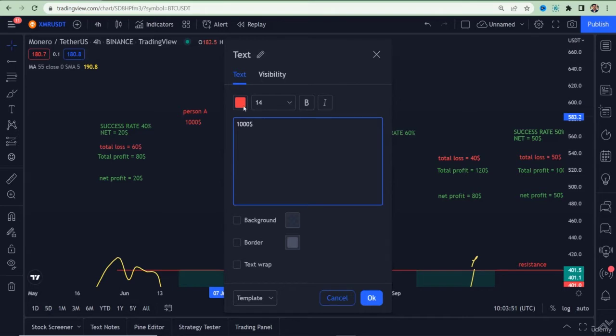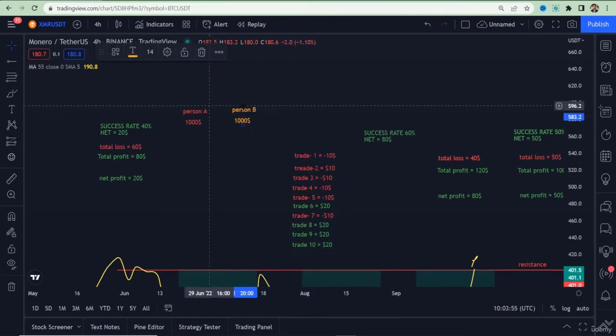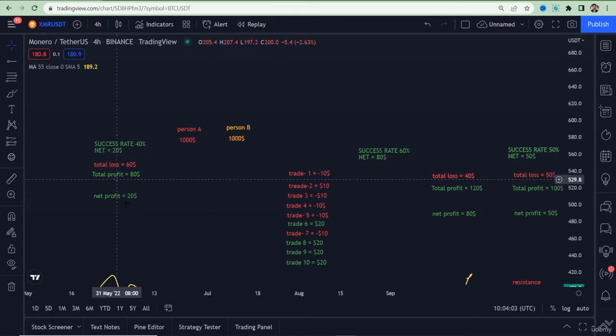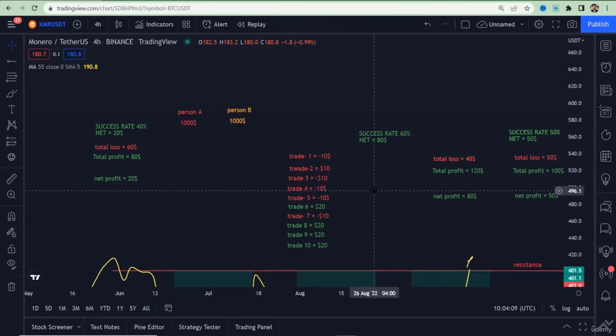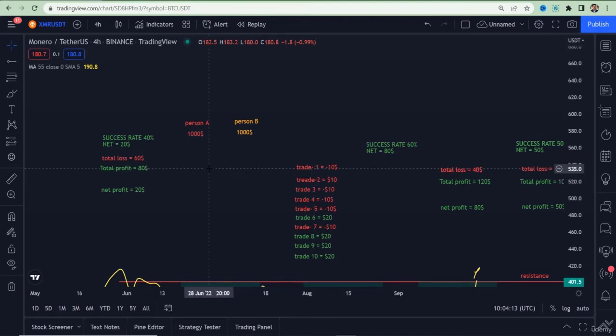He has the same funds as person A, who is a bad trader. This one seems to be a good trader. He says he's the best trader. He does not use any kind of risk management. He gets good trades as well, he gets bad trades as well, but he is avoiding risk management.